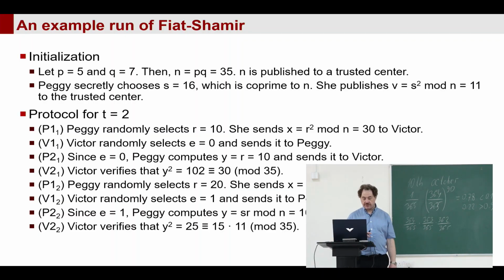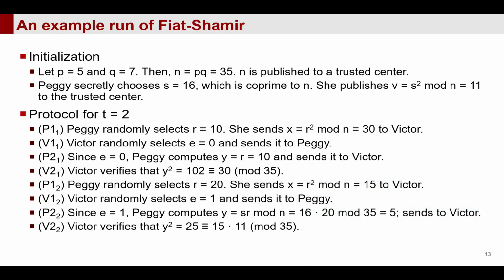Then the second iteration starts. This time, Peggy selects a different value, r equal to 20. She calculates the square of 20 modulo 35, which is equal to 15, and sends it to Victor. And this time, Victor selects not 0, but 1. Since Victor selected 1, Peggy computes s, 16, times r, 20, modulo 35, which is equal to 5, and sends it back to Victor.